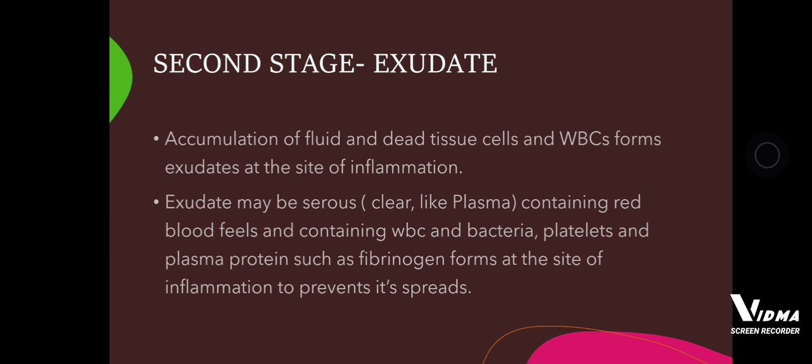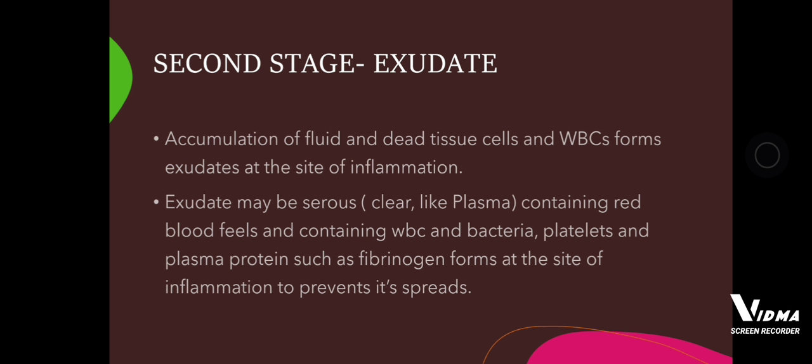Then in the second stage, accumulation of exudate will happen on the specific part. What is exudate? Exudate is accumulation of fluid at the specific site, and dead tissue cells and WBC form exudate at the site of inflammation.